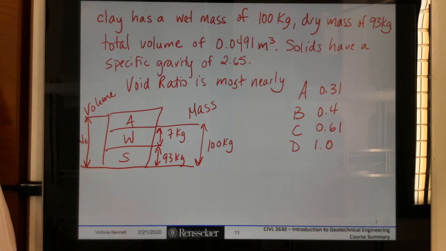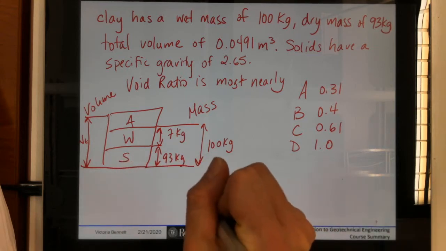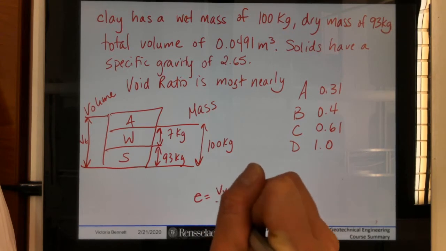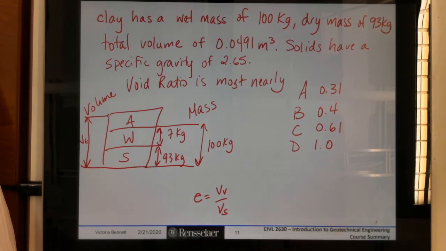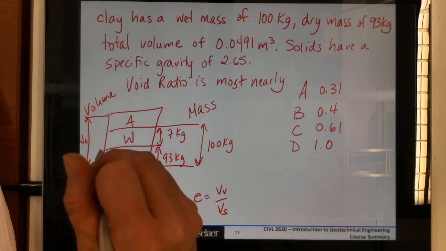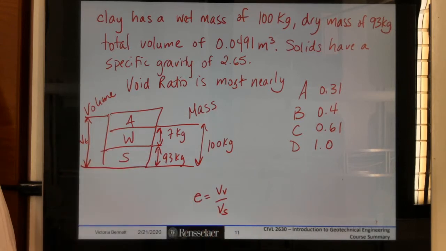So if we want to find void ratio, if it doesn't ring any bells, I would Control F in the reference manual. We should come to the equation for void ratio, which is volume of voids over volume of solids. So how do I get those component pieces? Well, I should be able to remember how to get to a volume of solids if I know the mass of solids and I know something about specific gravity, which I do in this case.